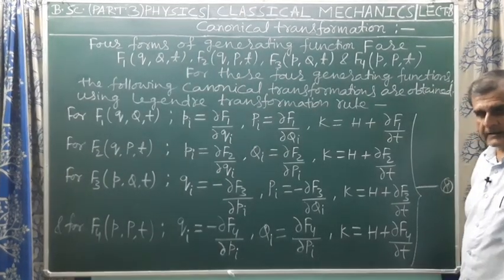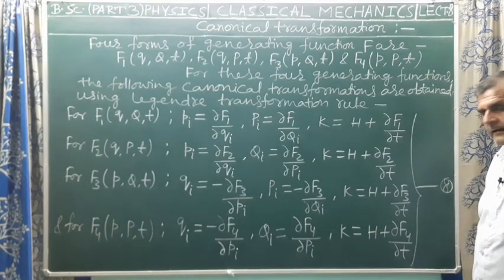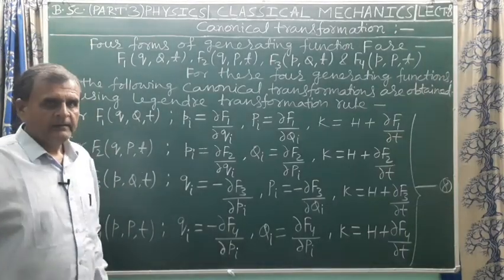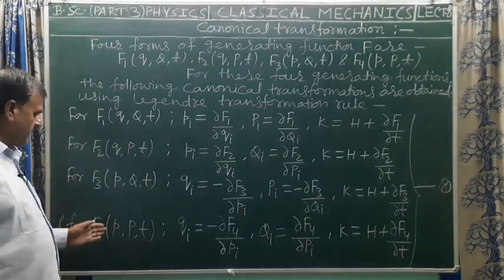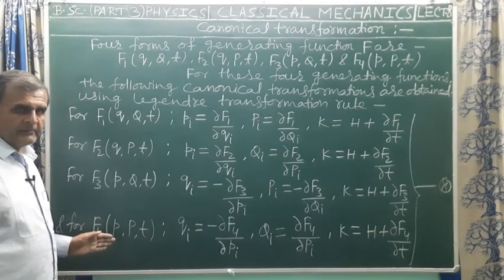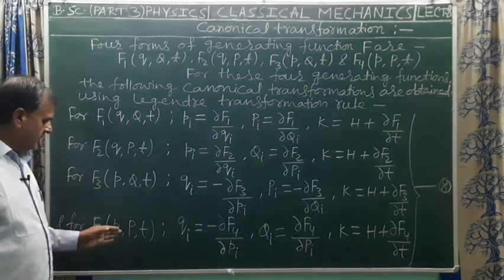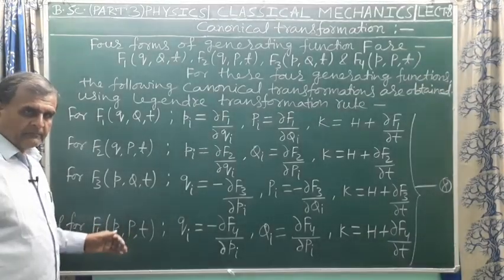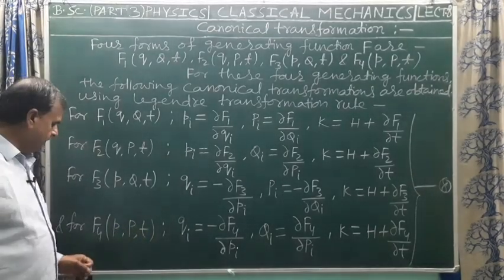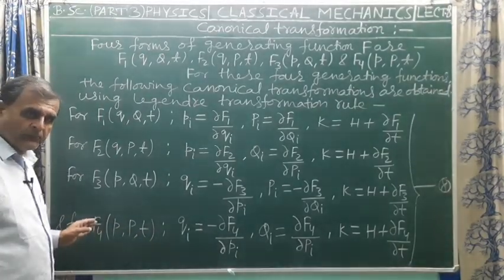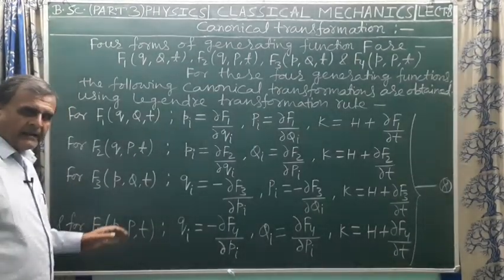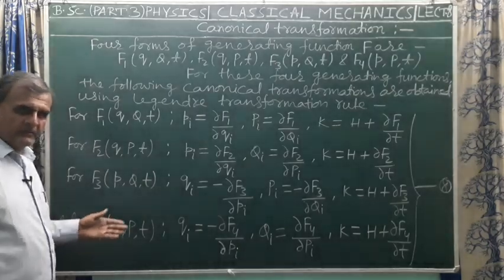And finally for the fourth generating function, capital F4, which is a function of small p, that is momentum in the old coordinate system, capital P, that is momentum in the new coordinate system, and time t, that is 2n plus 1 variables.